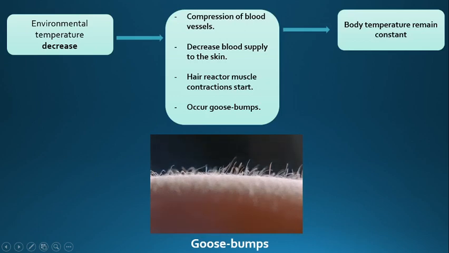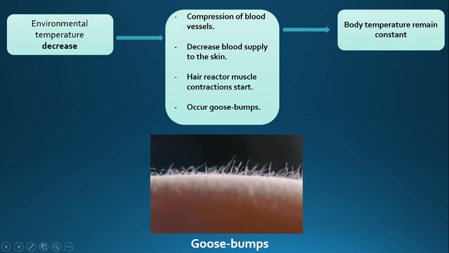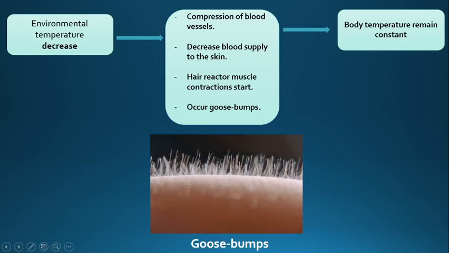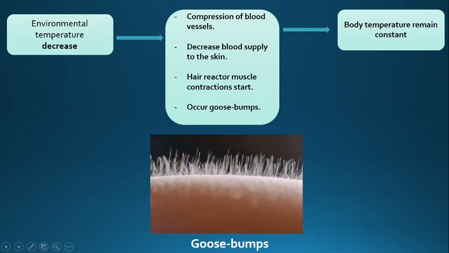After that, the hair erector muscles start to contract. Because of that, the hairs start to stay erect. Their position changes, so that goosebumps occur. In this diagram, you can see how goosebumps occur.